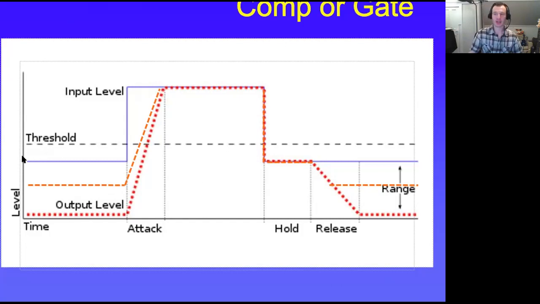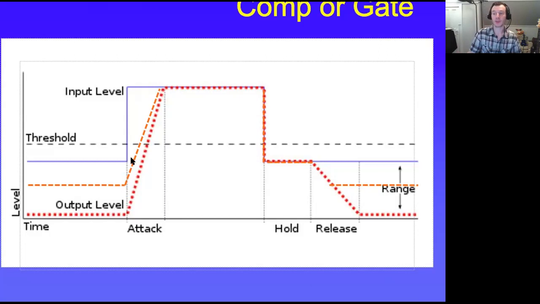So let's check it out on this graph. We have our signal in blue, and it is below the threshold. And the output level keeps it significantly below that threshold. And in fact, in a proper gate, it cuts it off completely. Now, the signal pops up above the threshold here, and our gate, our person watching the gate goes, oh, looks like the sheep pushing against this threshold point.